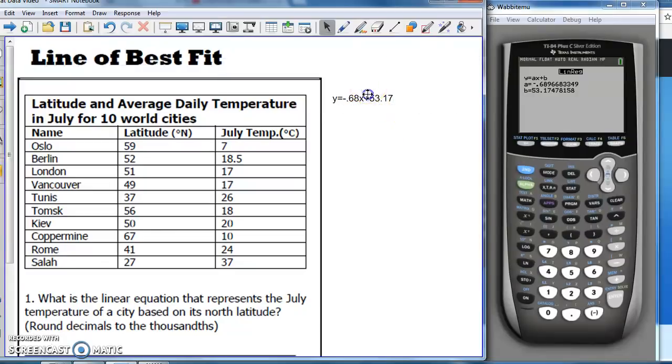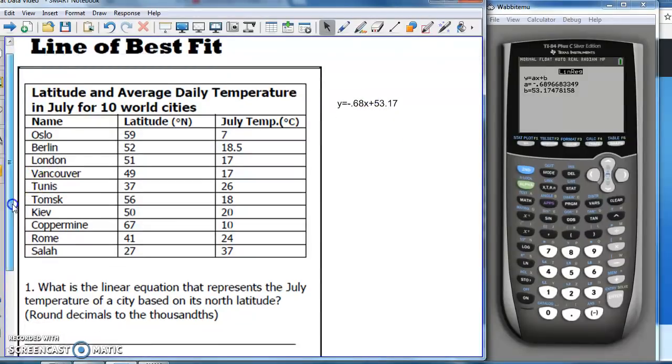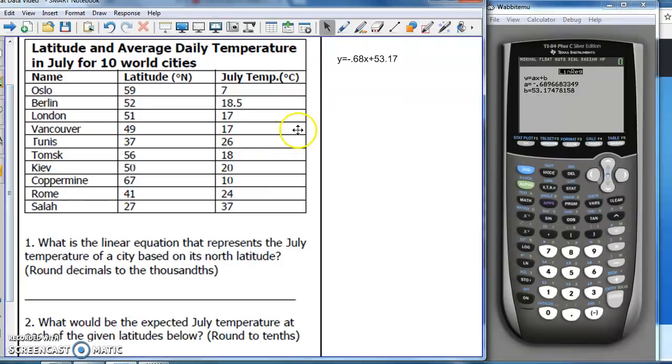All right, so this does go down here in our question number 1, which says what is the linear equation that represents the July temperature of a city based on the north latitude? So the temperature in July, north latitude, we used the data.